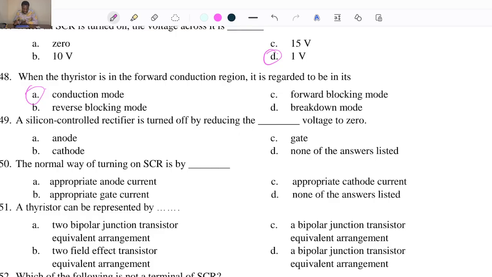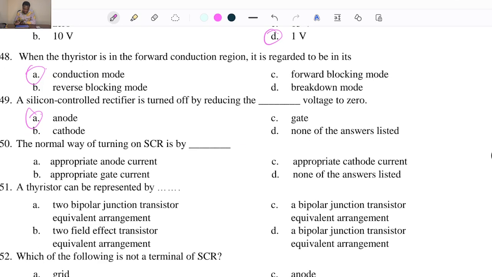Question 49. A silicon control rectifier is turned off by reducing the anode voltage, right? You reduce the anode voltage to 0. Question 50. The normal way of turning on a silicon control rectifier is by appropriate gate current.